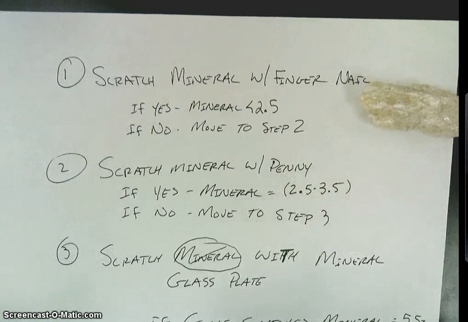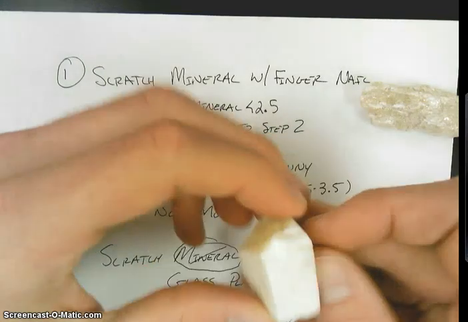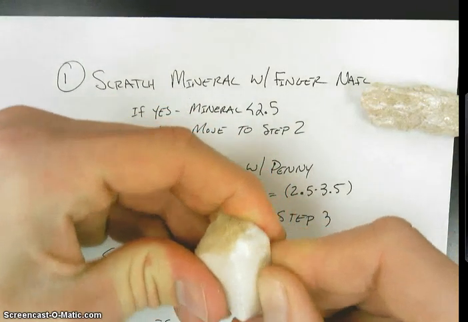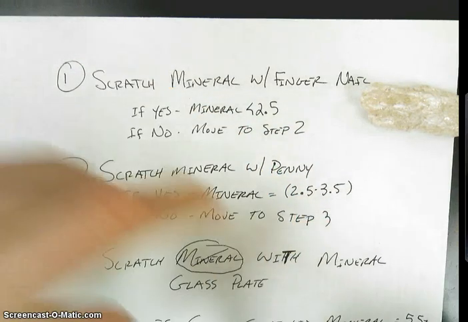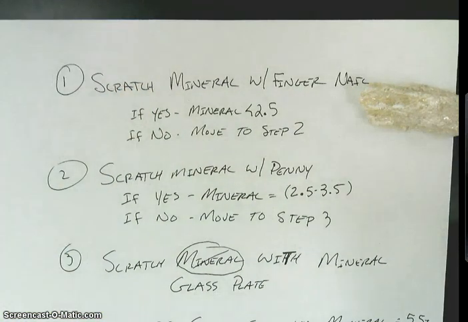Now I'm going to move on to a second mineral. We'll take a look here, and this one I'm going to try to scratch with my fingernail. I'm unable to do so, and it says if I can't scratch with my fingernail, then I need to move to something harder. The next hardest object in our test kit is a copper penny.